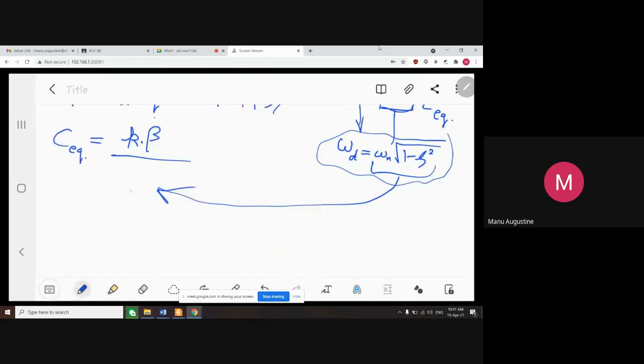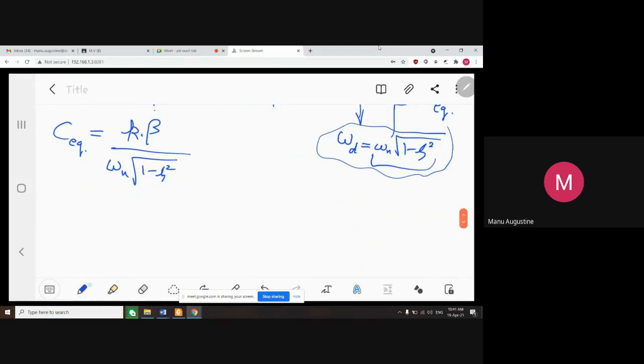So instead of ω_d I am going to write ω_n under root of 1 minus ζ². Now see, what is this ζ in this expression?